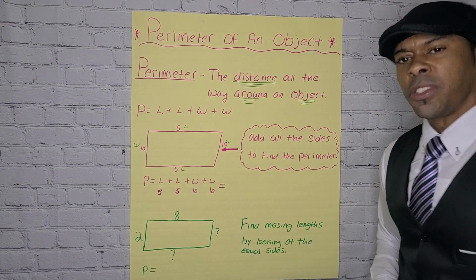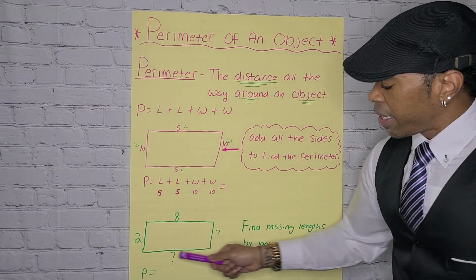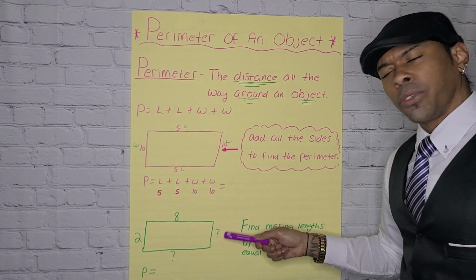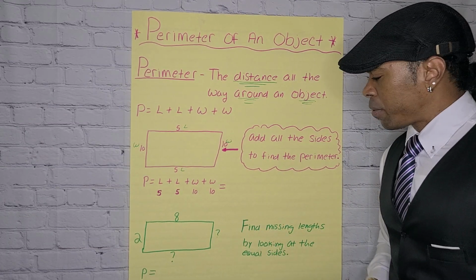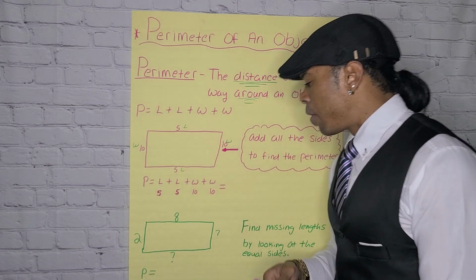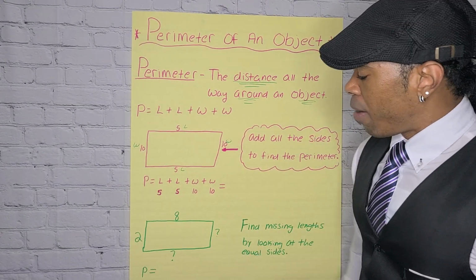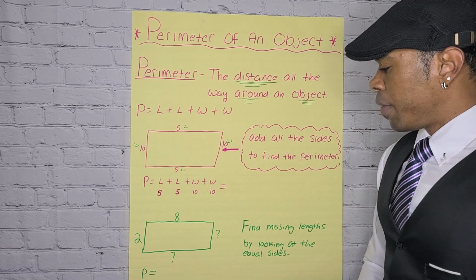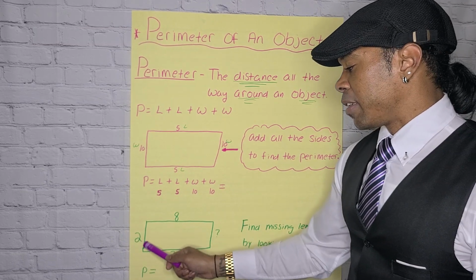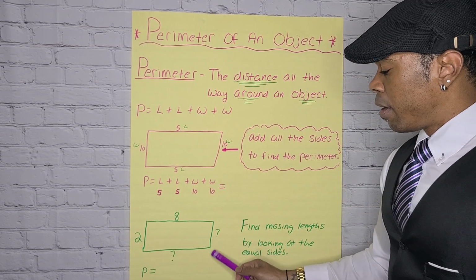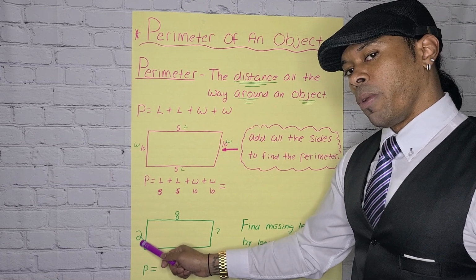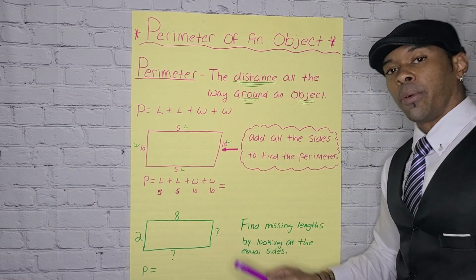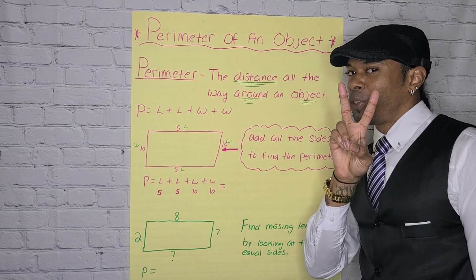Down here, something different. I have another rectangle, but I have some missing numbers. Well, let's figure that out. If I'm looking at my width and my width is the number 2, then I already know that this line is going to be parallel to this line. So if it's 2 over here for my width, then that means my missing number is, you guessed it, 2.